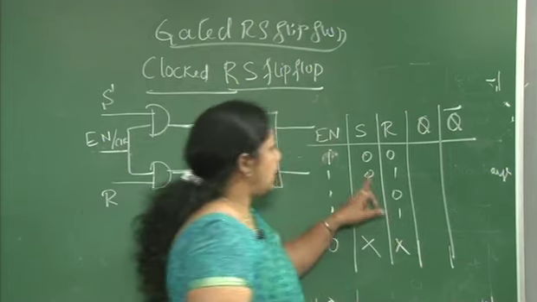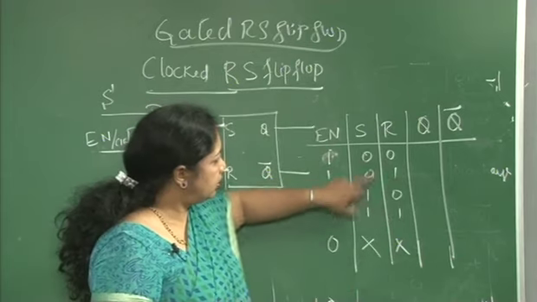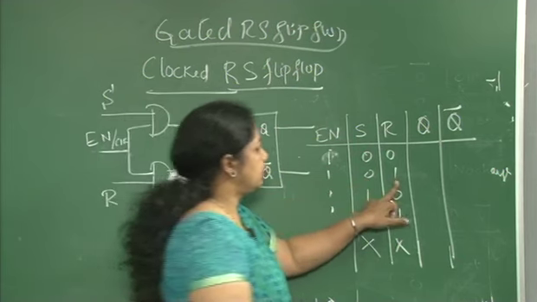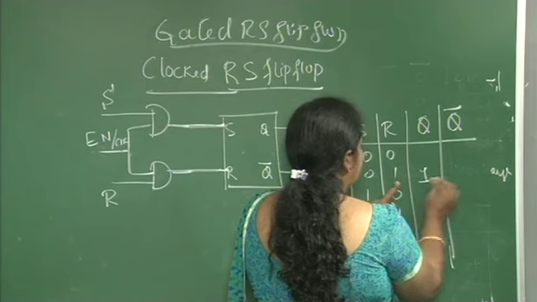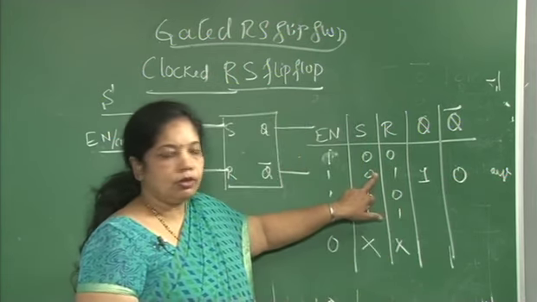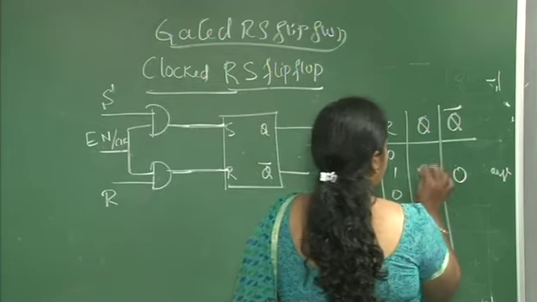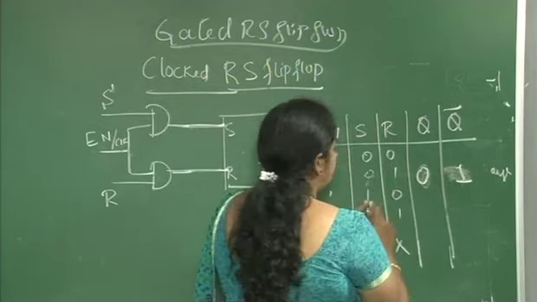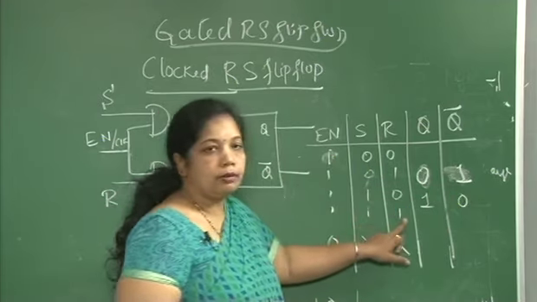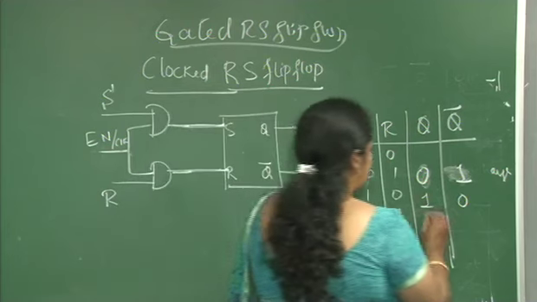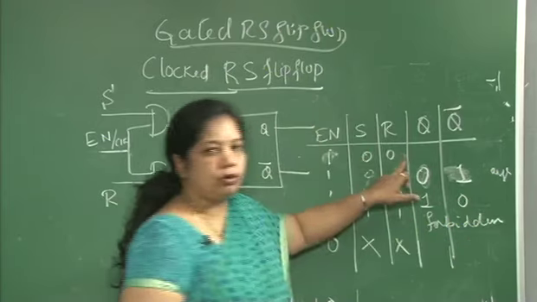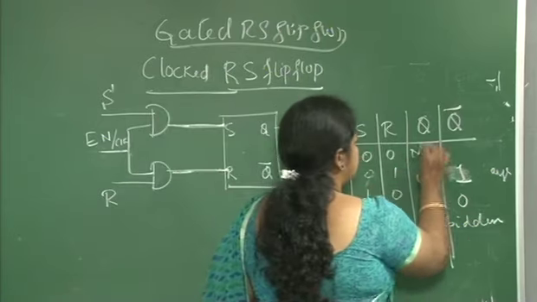As we discussed in the previous session, when S is 0 and R is 1, we have the reset condition; S is 1 and R is 0, we have the set condition; and when S and R are both 1, we have the forbidden condition. When both are 0 0, it is no change.